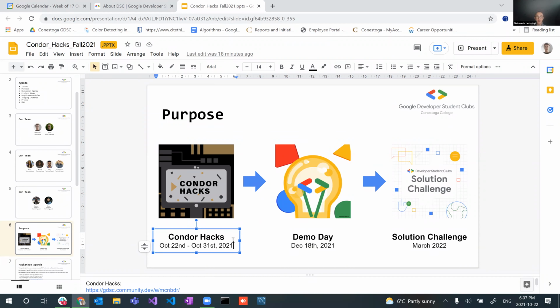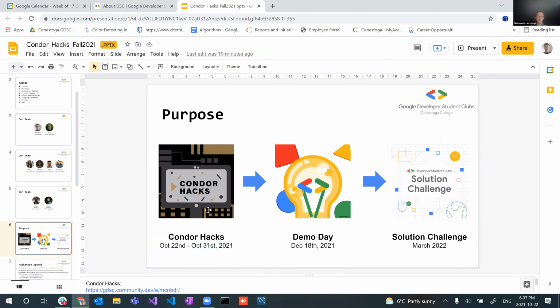Today is the official start, and on October 31st, which I will mention again in our agenda on the next slide, will be our demo day, where you will present your project. After you finish this hackathon, you will probably have a project.